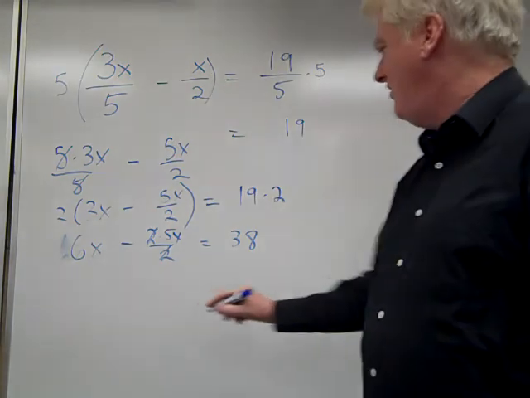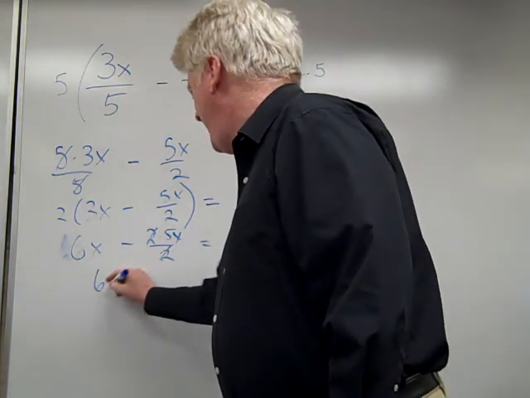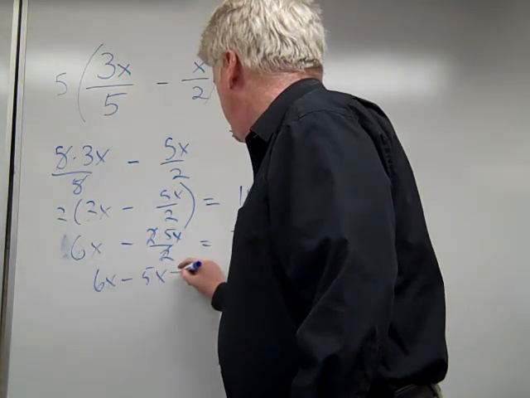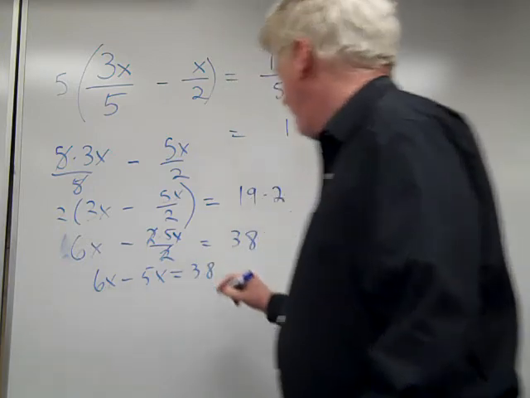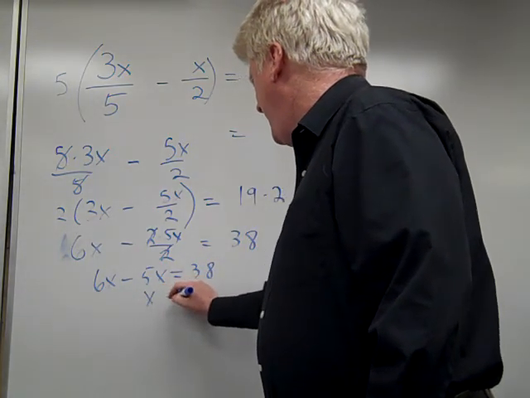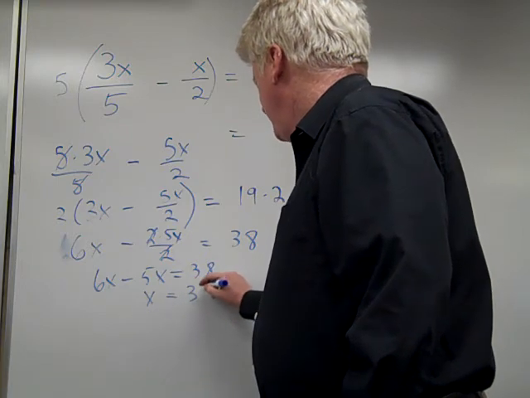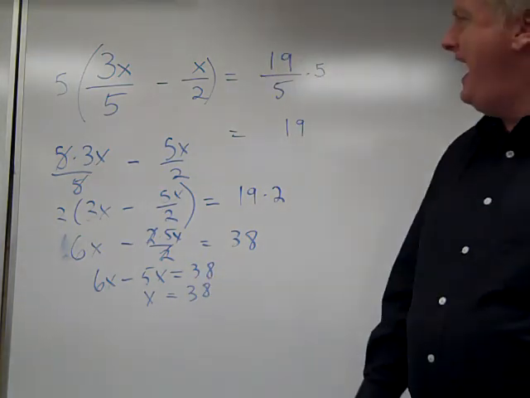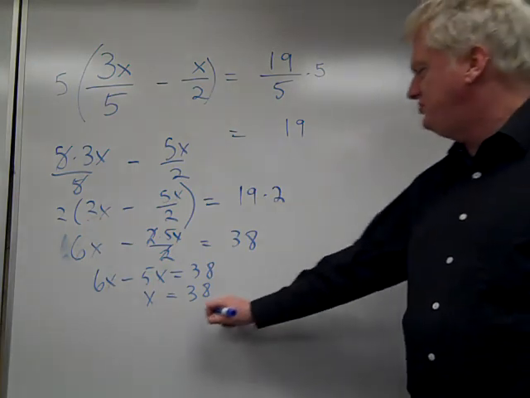These two cancel, and now we have 6x minus 5x equals 38. 6x minus 5x is equal to x. x equals 38. And there is your solution.